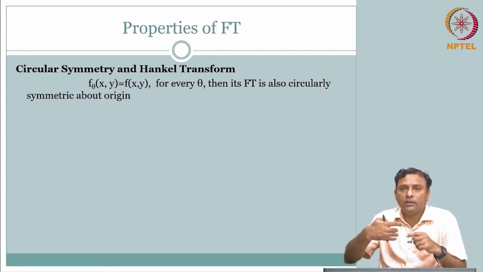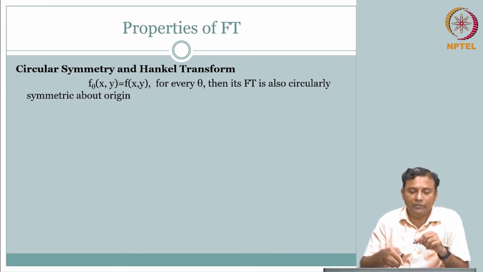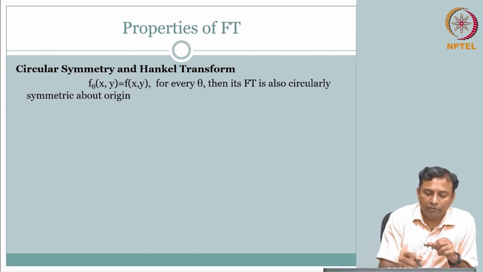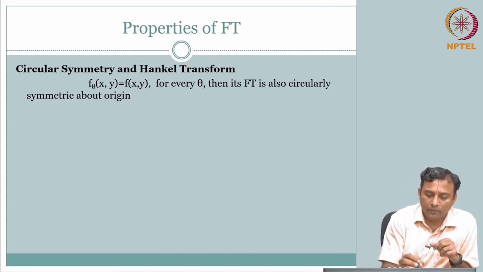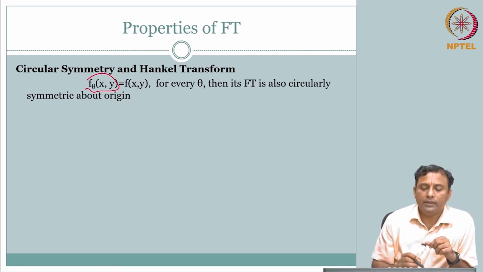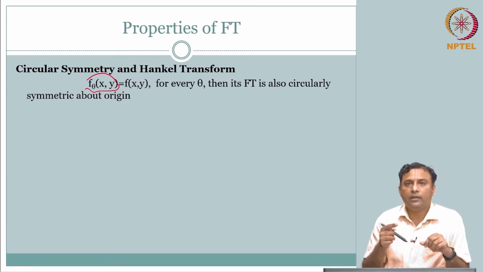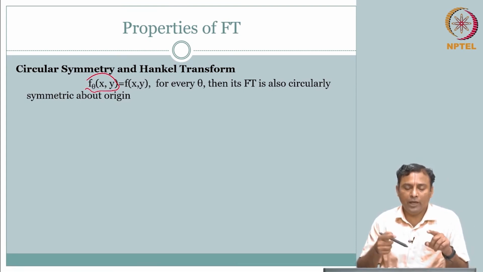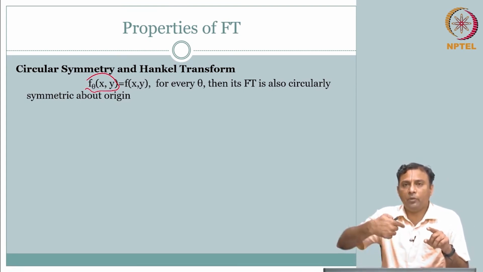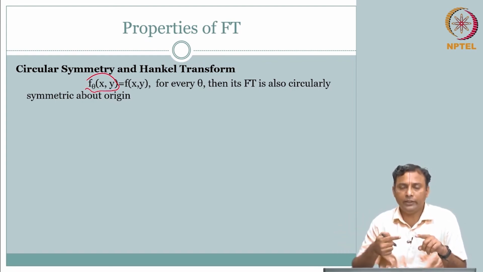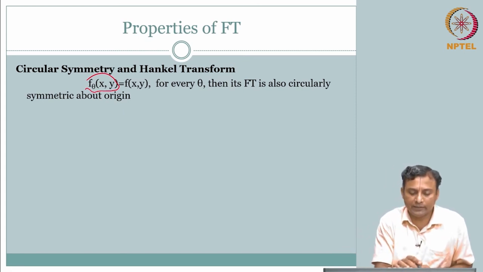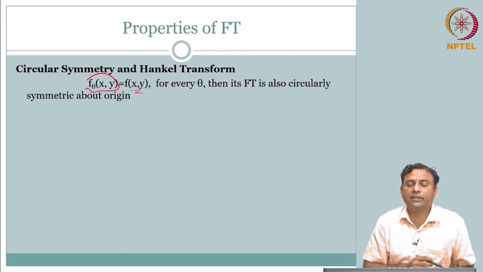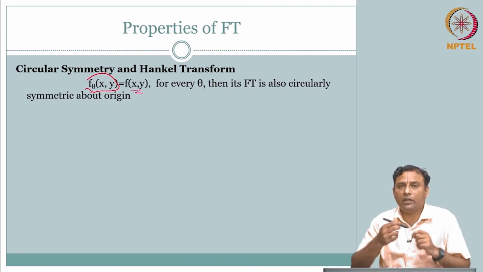We talked about f theta of x comma y: if you have f of x comma y, then f theta of x comma y is the same f of x comma y that is rotated. If f theta of x comma y is equal to f of x comma y, that means it is circularly symmetric.